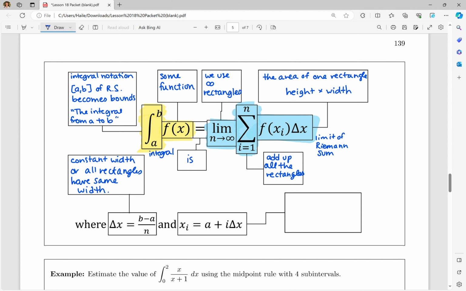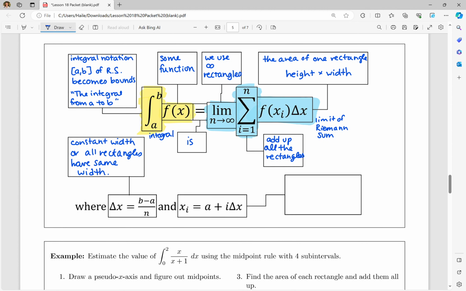All this is saying is this is choosing a point within the rectangle's width. That's all that is. So we need an x value to be able to define the height. So that's why we need this sample point thing. Okay, so that is the limit definition of an integral.